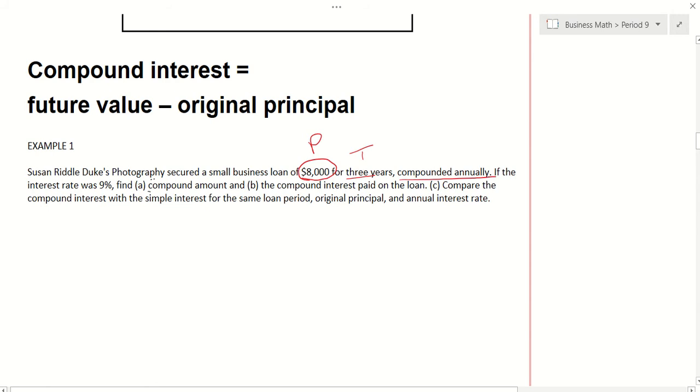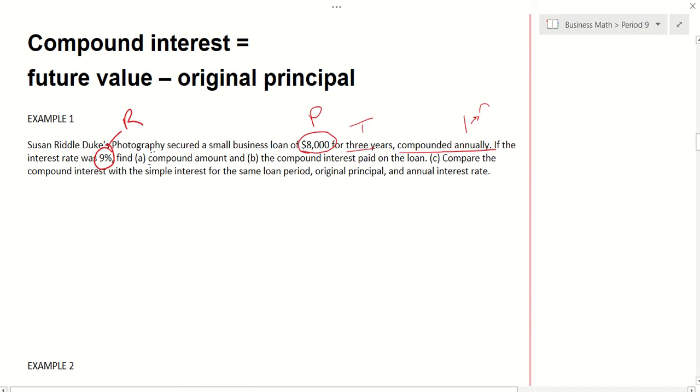Annually is once per year, and that is your N. You'll know where all these go into the formula soon. If the interest rate was 9%, so here is your R, find A, the compound amount, B, the compound interest, and then compare them.